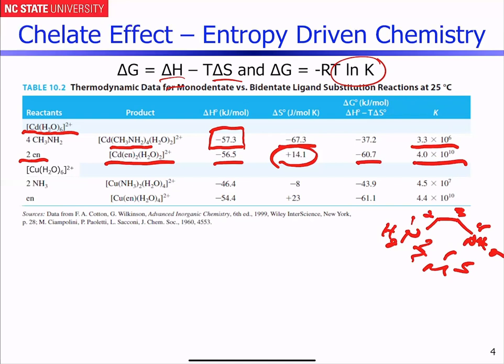And then the same thing happens for copper. If you add, for example, 2 amine ligands to make the diamine complex, again, very much not an entropy-driven process because the entropy value is negative, but the overall reaction is still favored, and it has an equilibrium constant that's 10 to the 7th.